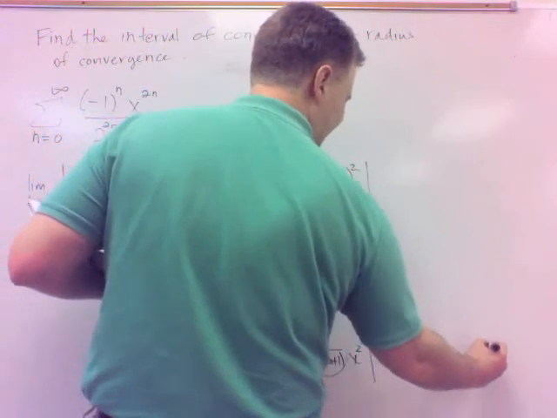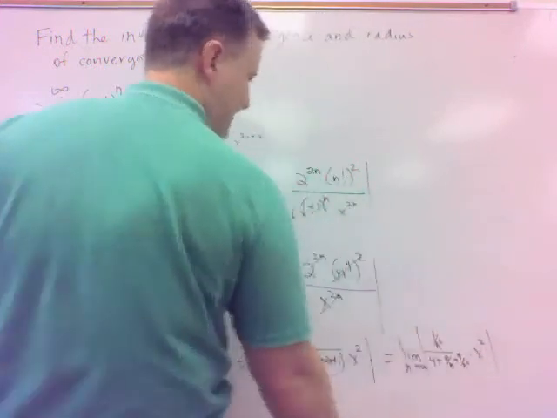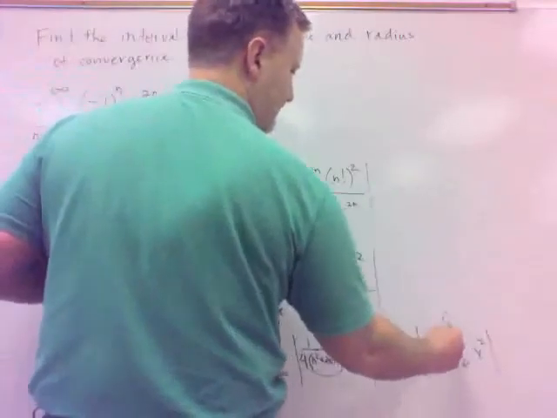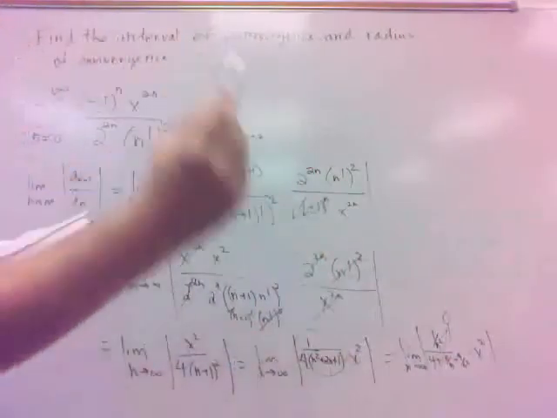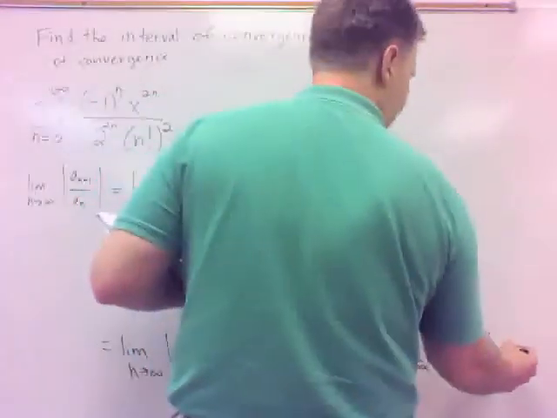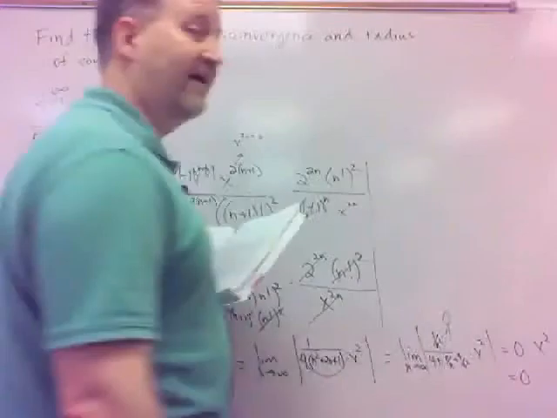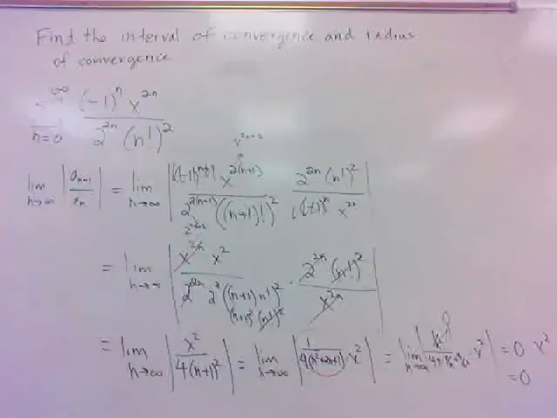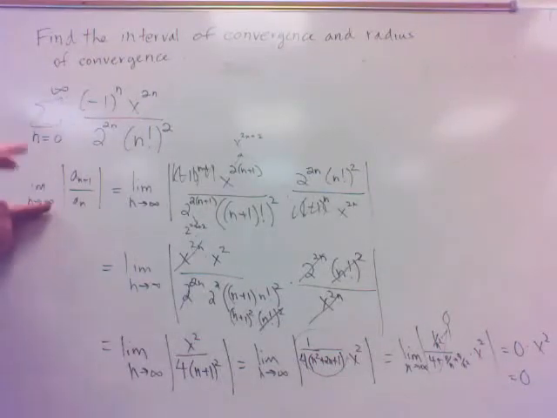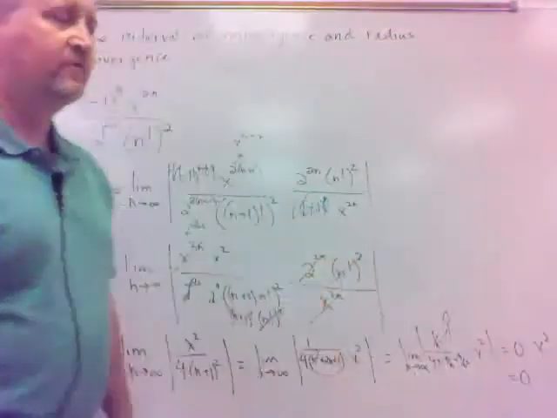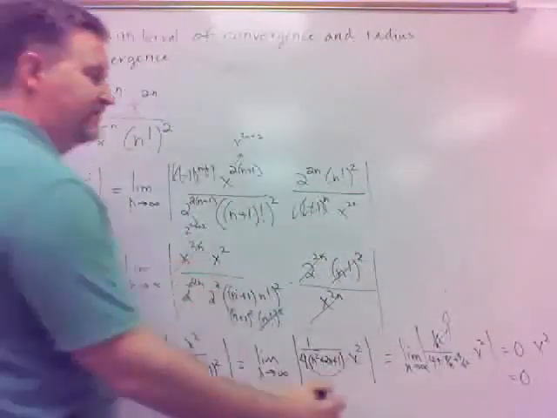Okay. Yeah. This term's going to 0. So I have 0 times x squared. Yeah. What is that telling me? Well, this limit, no matter what x is, is 0, which is always less than 1.